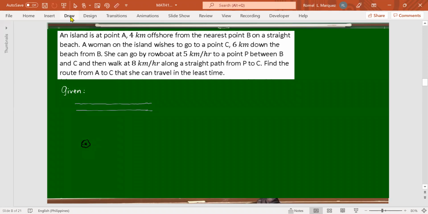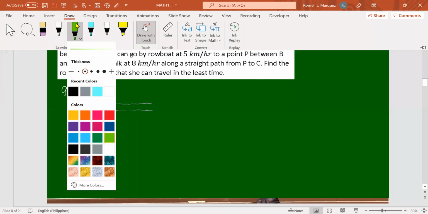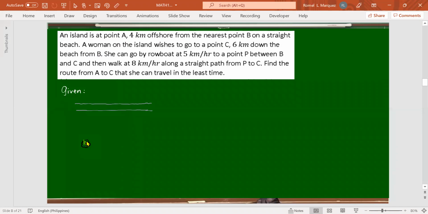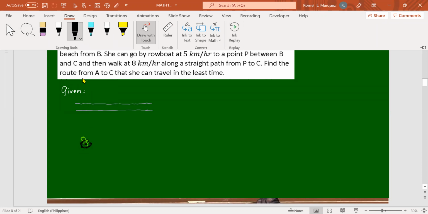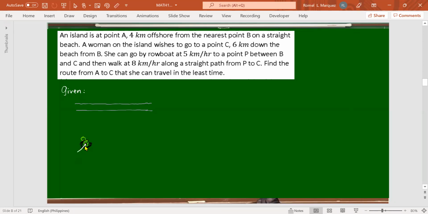I think we need trees. Do we need a tree here? So this is where the island is. We label it point A. The island is denoted by point A. An island is at point A, 4 kilometers offshore from the nearest point B on a straight beach.